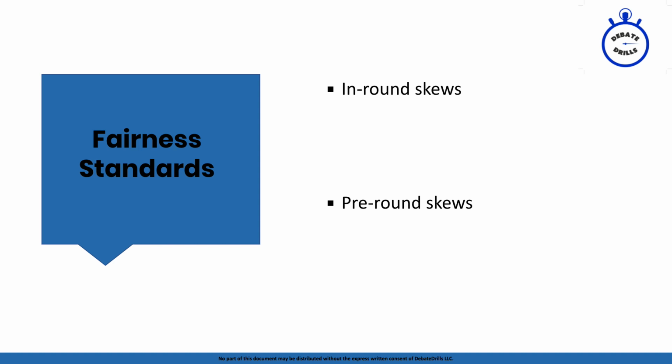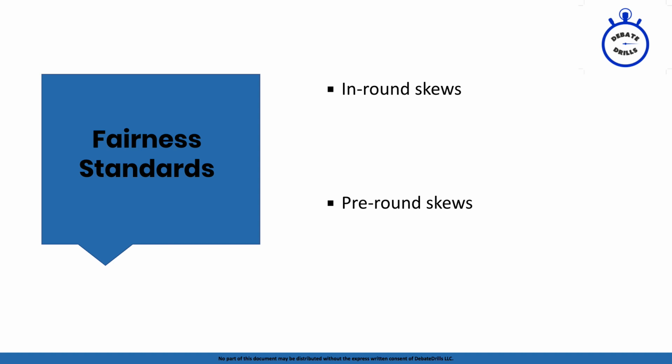So overarchingly, there are 3 types of fairness skews that happen in round. The first is strategically. So this is what we call a strategy skew. And the strategy skew tends to be one side claiming exclusive access or a monopoly over a key portion of the debate. The second is time skew, where a strategy has been read that disproportionately affects one side's time allocation compared to the other.